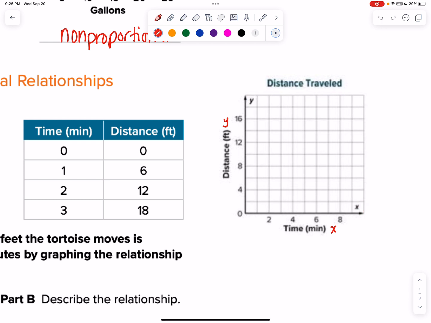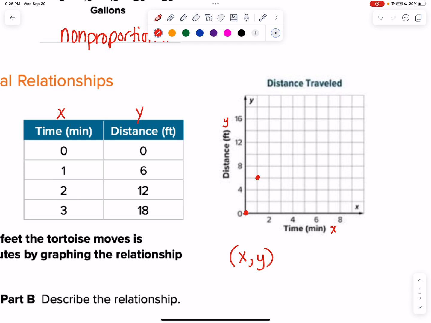When we're graphing, we are always looking at ordered pairs. Remember, an ordered pair is like this. This is the x and this is the y. Just a quick review on that. Time is the x. Sometimes I'll label them up here so I can see what's what. Our first point is at (0, 0). Our next one is at 1 minute, so over 1 and up 6.